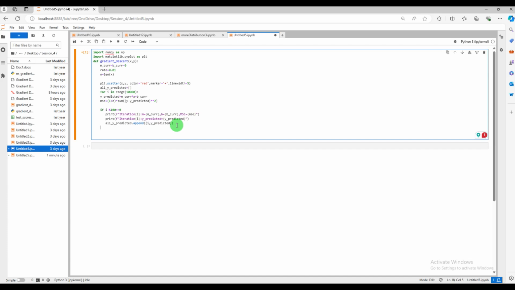So we write this code: md equal minus 2 over n multiply sum x multiply 1 minus y predicted.